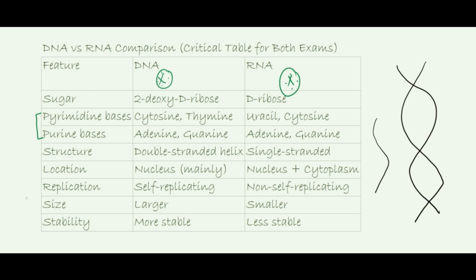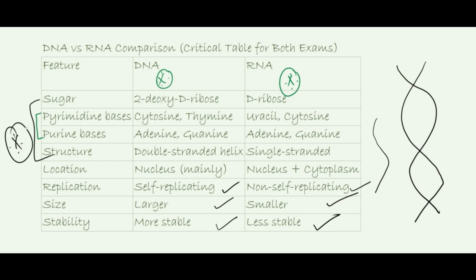Location: DNA is present mainly in the nucleus and RNA is present in the nucleus plus cytoplasm. Replication: DNA is self-replicating, and RNA is not self-replicating. Size: DNA is larger, but RNA is smaller. Stability: DNA is more stable, but RNA is less stable. Out of this, the first 3-4 points are very, very important.